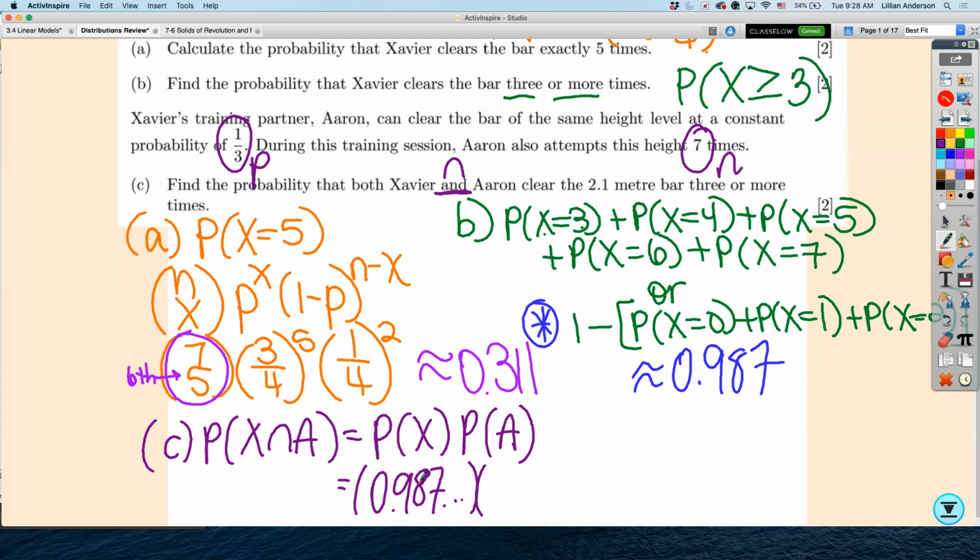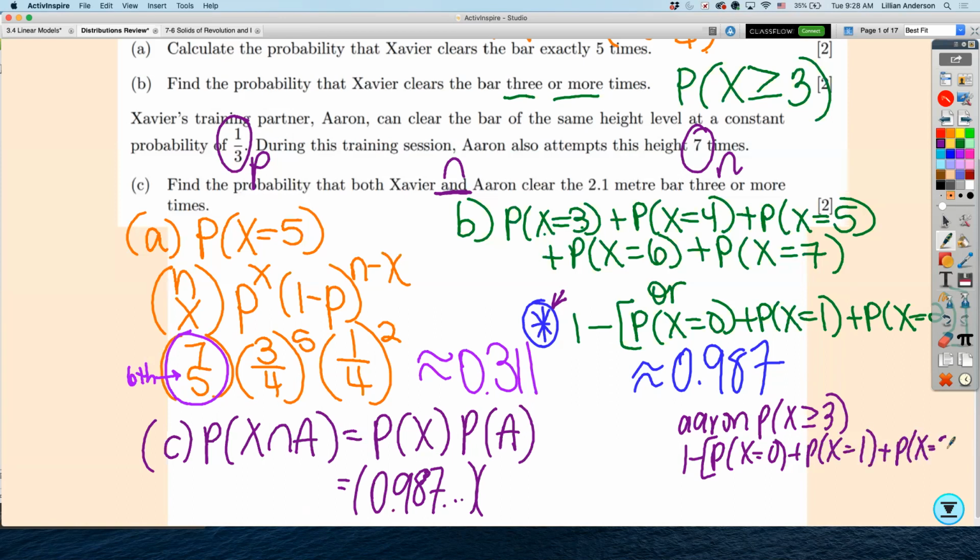Now we just need to find the probability of Aaron clearing the bar 3 or more times. So we're going to have to do the exact same thing we did here, except this time for Aaron. That is essentially doing the complement of 0, 1, and 2.